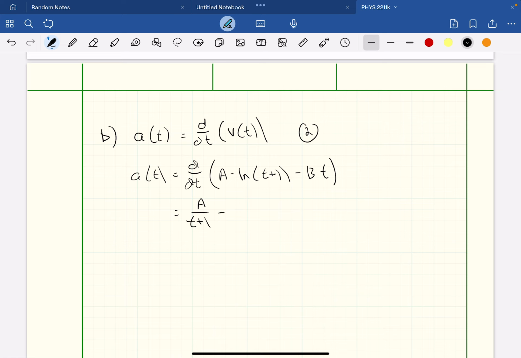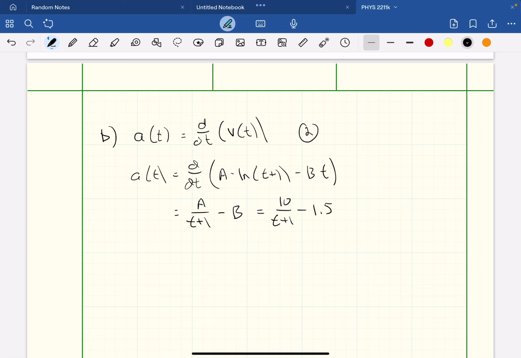And for the second part, the derivative of t is just 1. So we end up with b times 1, which is just b. Okay, and now that is 10 divided by t plus 1 minus 1.5.